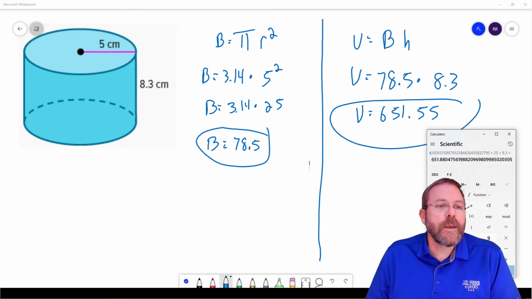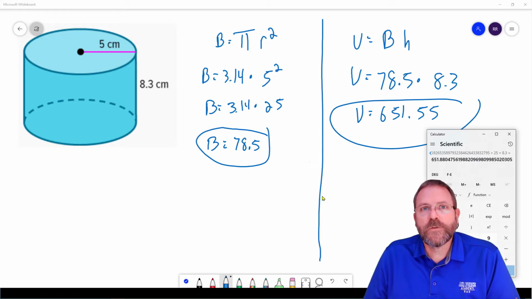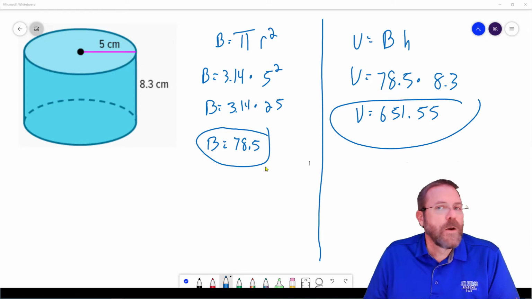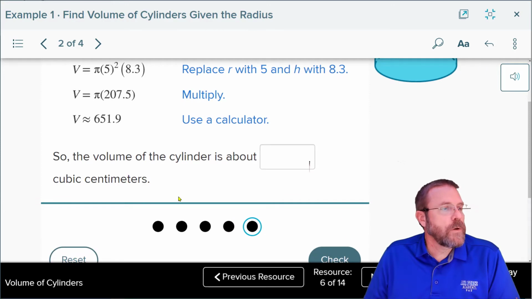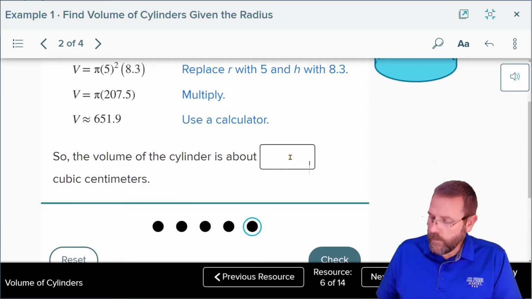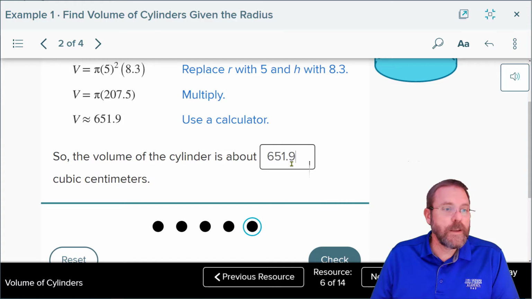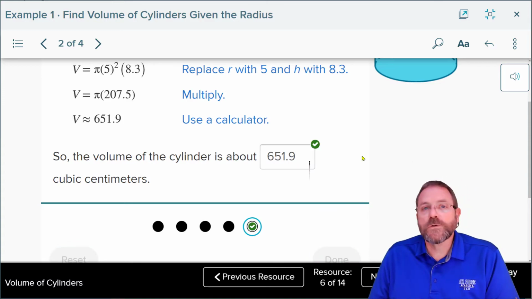And when I did that, what did I get? It actually did make a difference because they used the pi button on theirs. That's how they got 651.9 when I got 651.6. Come back over here, they did use the calculator and the pi button, so the volume is going to be 651.9 using their approach.